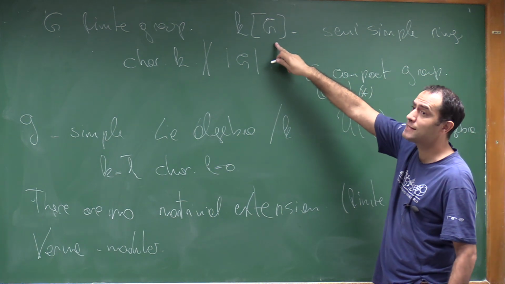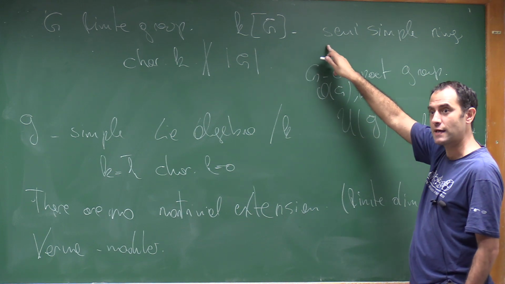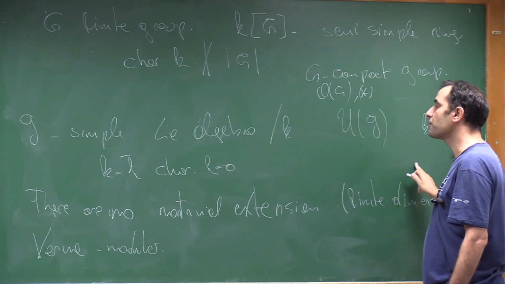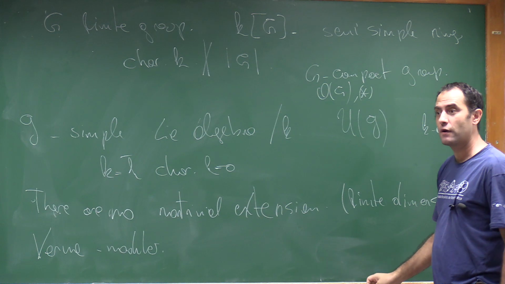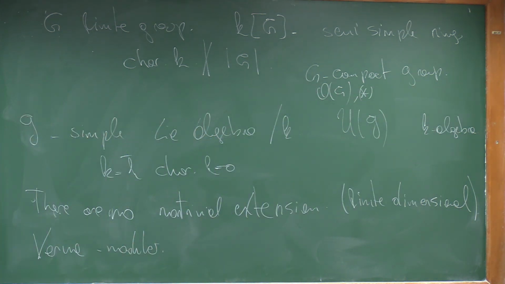That's the analog of this. Now, the same thing happens. This does have non-trivial extensions, just as this, but it doesn't have finite dimensional non-trivial extensions. Yeah, so I guess I'll talk a little bit about this eventually. Okay.